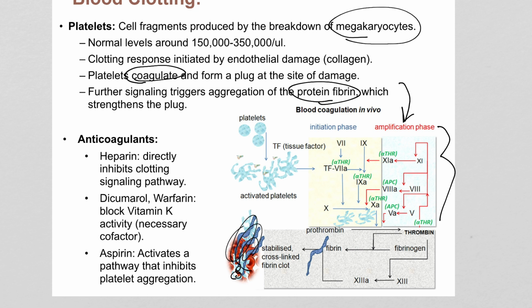So if you inhibit any one of these steps in the clotting process, going from inactivated platelets and fibrin to the activated form, like heparin, warfarin, aspirin, they all have different mechanisms, but the thing they have in common is they reduce clotting, which is helpful for people that have blood clots that need dissolved, or patients going into major surgeries where we want to prevent systemic clotting as the surgeon cuts through their tissue.